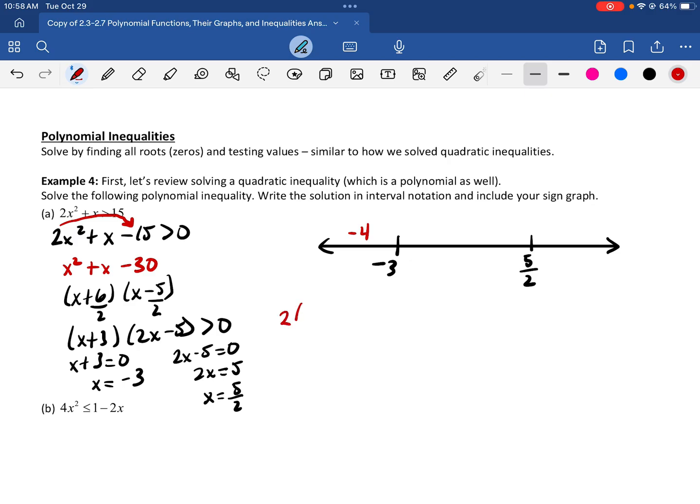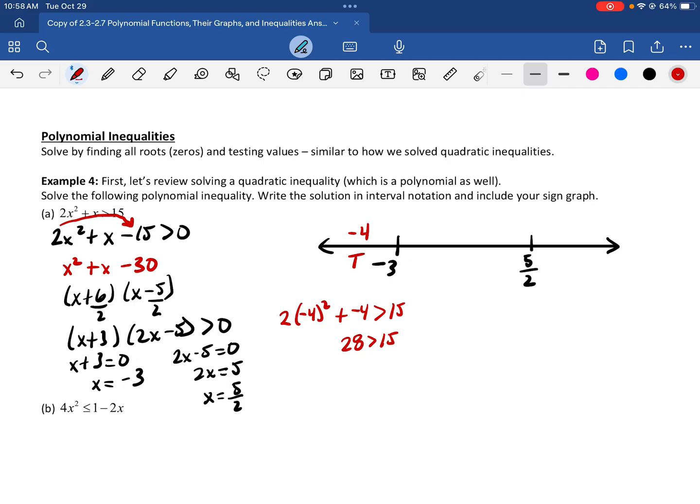So 2 times -4 squared plus -4. We're testing, is it greater than 15? So -4 squared is 16, times 2 is 32, minus 4 is 28. So yes, this one is true. 28 is greater than 15.